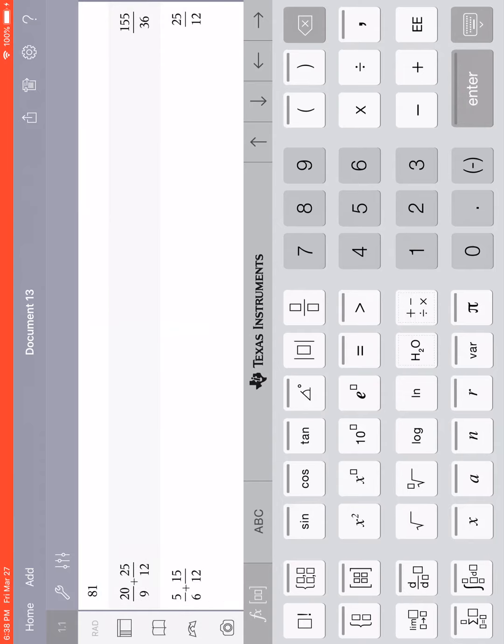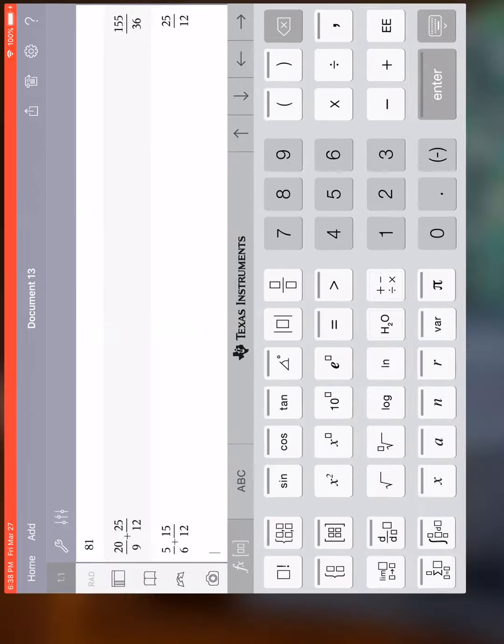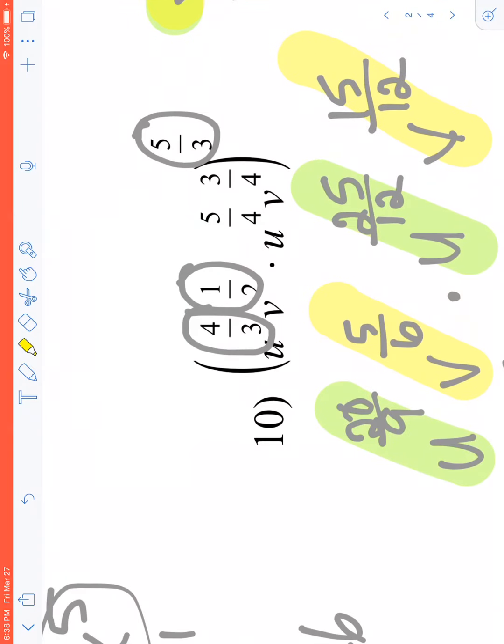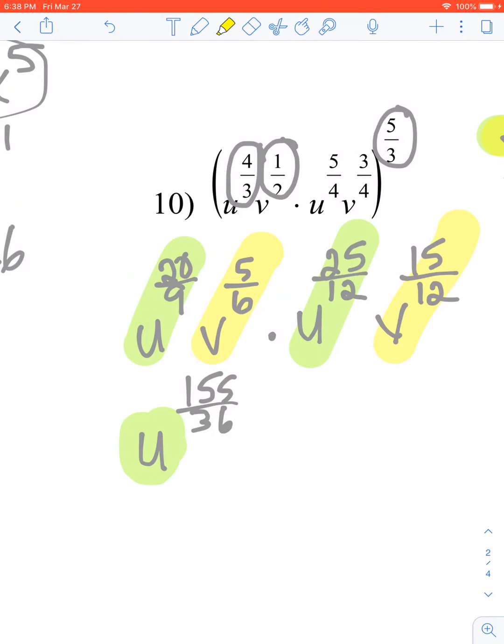And that gives me 25/12 as my exponent for v, and that is correct. So final answer is u to the 155/36 and v to the 25/12.